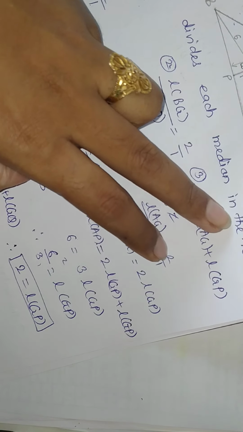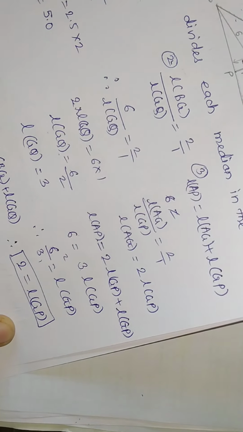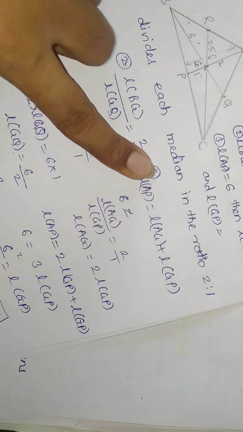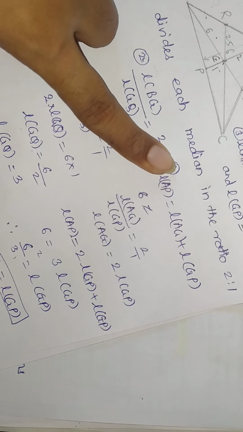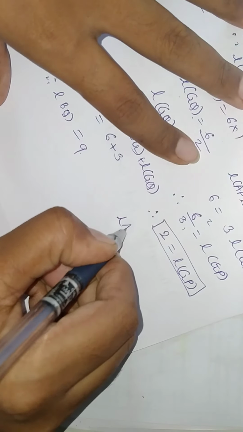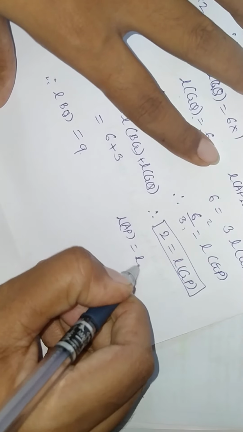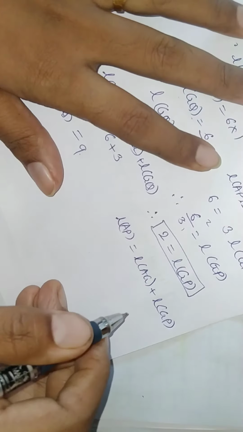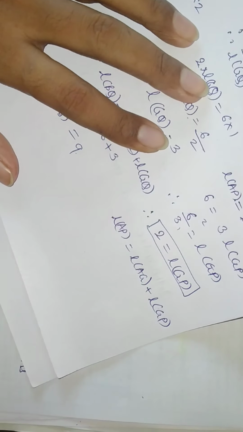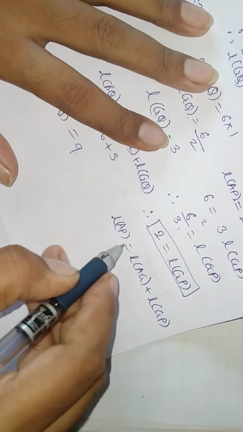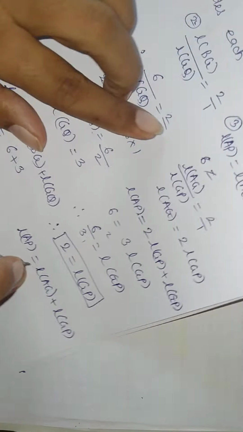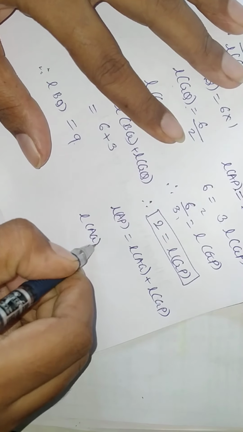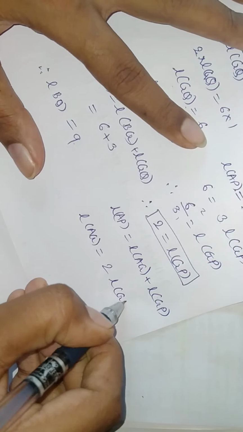What you have to find out? GP and AG. So GP we got. Now see first this equation. Length of AP is equal to length of AG plus length of GP. Or this one you can use: length of AG is equal to twice length of GP.